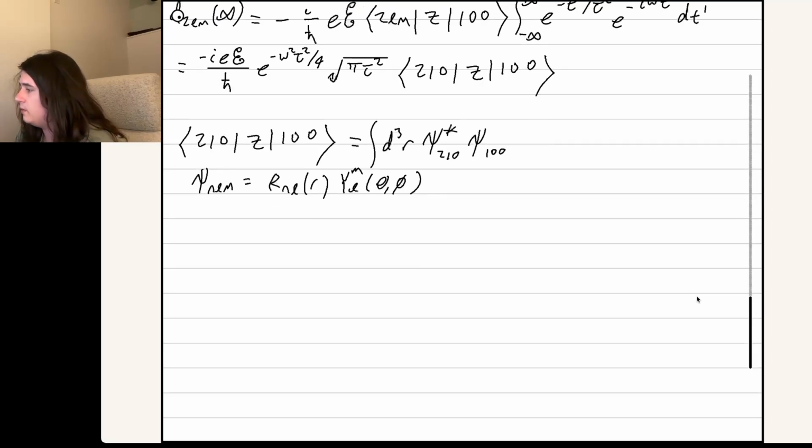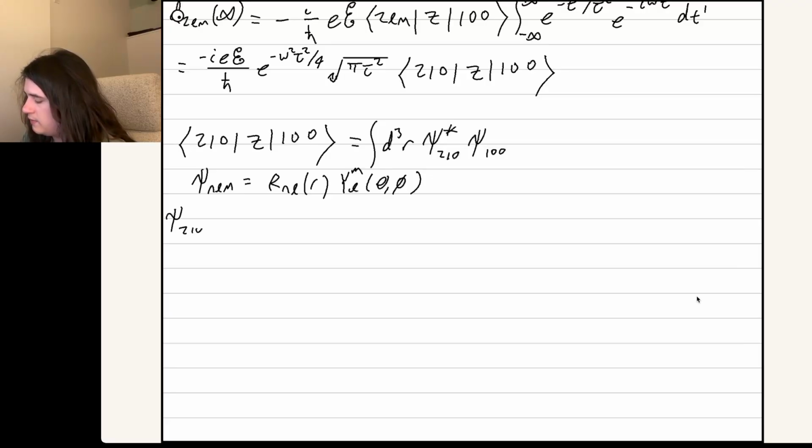So we can use this to get the forms for the wave functions. I already did, so I'm just going to copy down what those look like. I got these definitions from Griffiths, by the way.